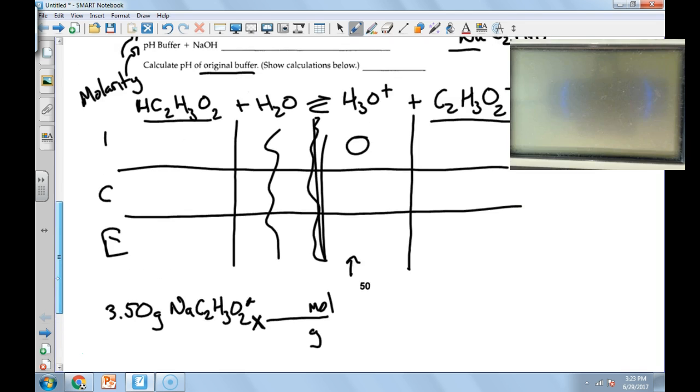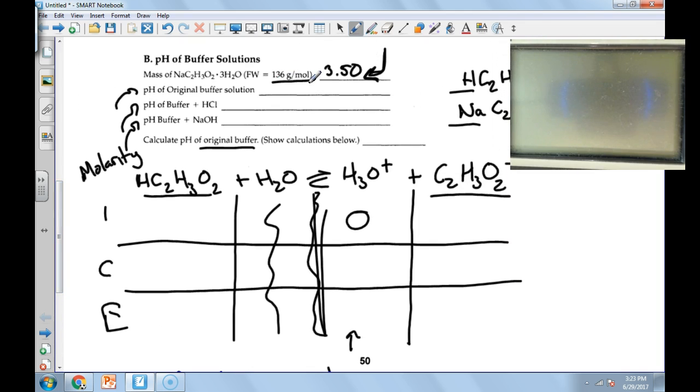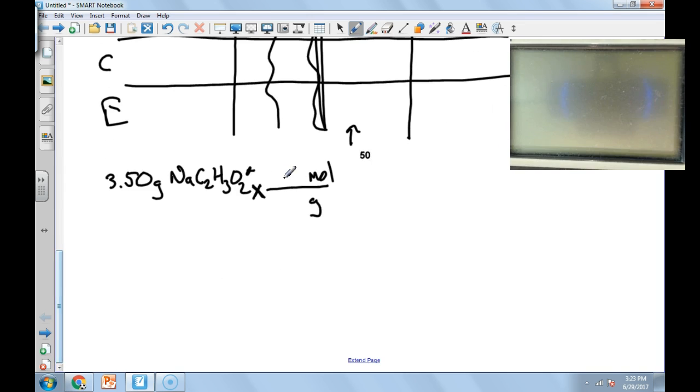This lab gives us the formula weight in grams per mole right there, so it's 136 grams for every 1 mole. Now we turn on our calculator and do 3.5 divided by 136, and we get 0.0257 moles.